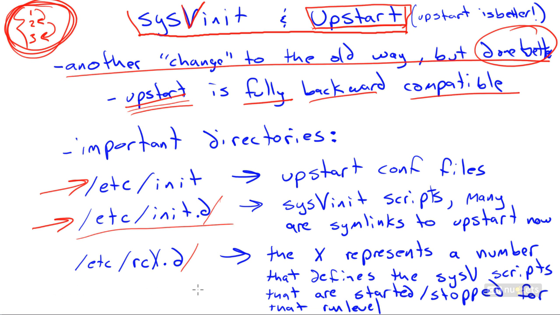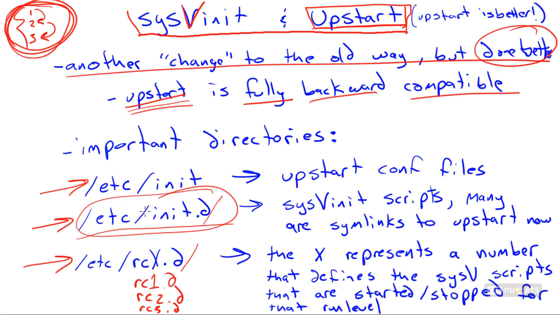Again, run level stuff is a little bit outside of this particular nugget because we're just focusing on the Ubuntu stuff. However, it's good to know that rc1.d, rc2.d, rc3.d all contain links to the scripts that live in /etc/init.d.